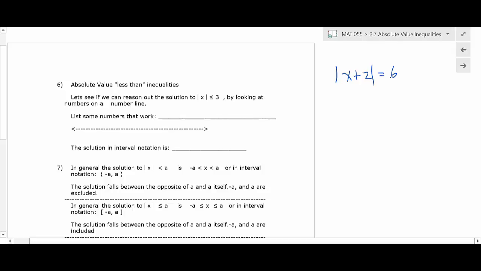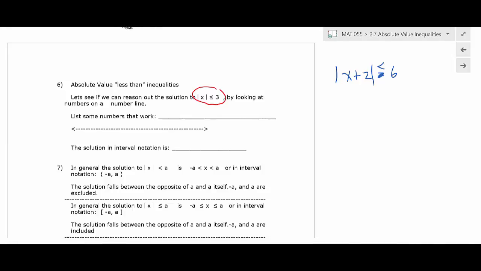Typically we got two answers, most of the time. Now we're going to do an inequality. If I change that to less than 6, then most of the time we end up having an infinite number of answers, okay? So I'm going to have us reason it out to help you understand, because if I just show you the how-to part, that won't do you any good. You want to understand why the answer is what it is.